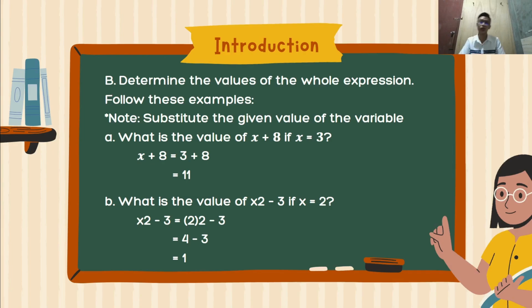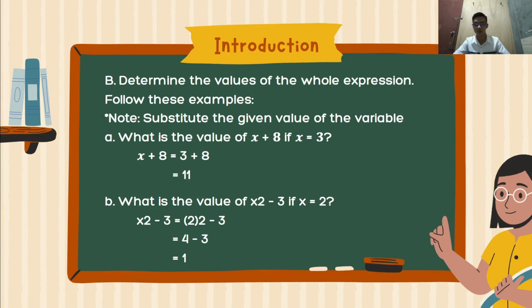Second one, letter B. What is the value of 2x minus 3 if x is equal to 2? I do believe it's a typo. I believe that is 2x, right? I forgot to edit it, but it is 2x.